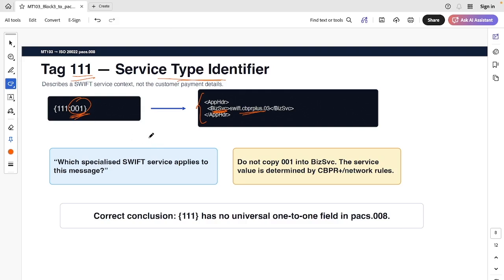It is also possible that field 111 is handled entirely by the Swift service layer and does not produce a separate business data element in the pacs.008 document or XML format. So field 111 has no universal one-to-one destination in the pacs.008. So we will put this particular mapping as conditional, which means it will depend upon the conditions.